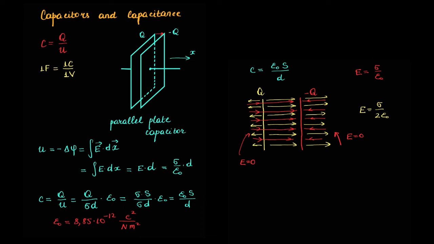This means the electric field strength inside the capacitor is 2 times bigger. Let me call the field of one plate E0. Then the field inside is just 2E0, 2 times bigger than the electric field strength of an infinitely large plate.